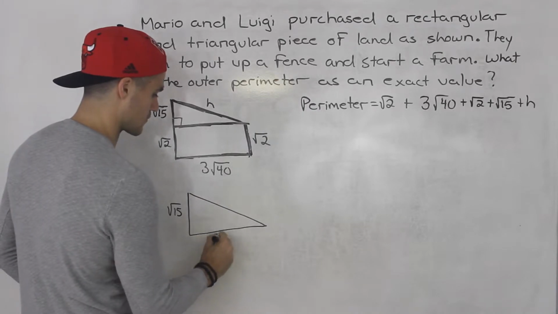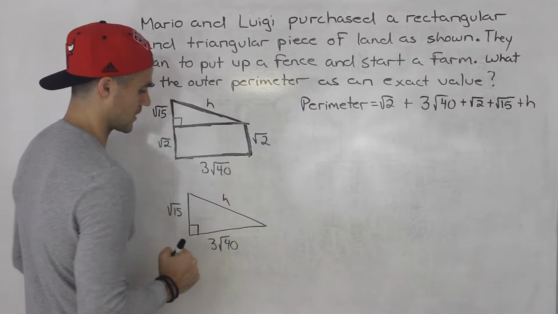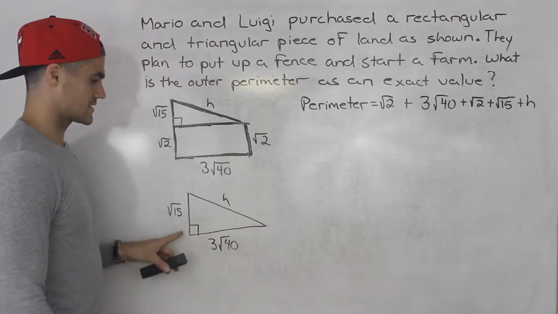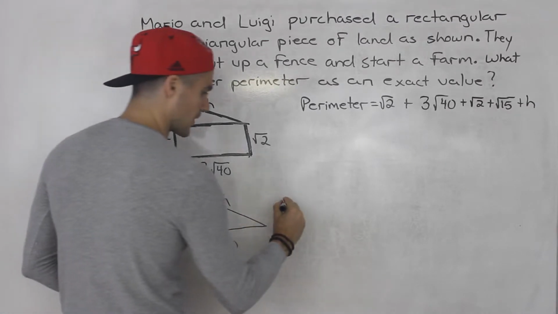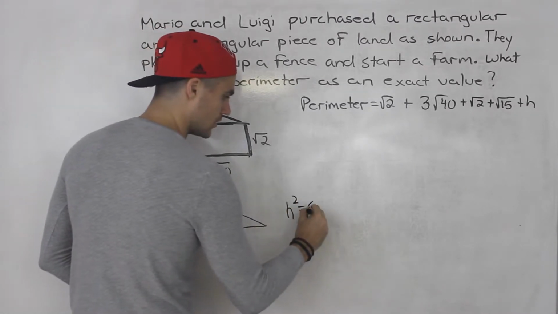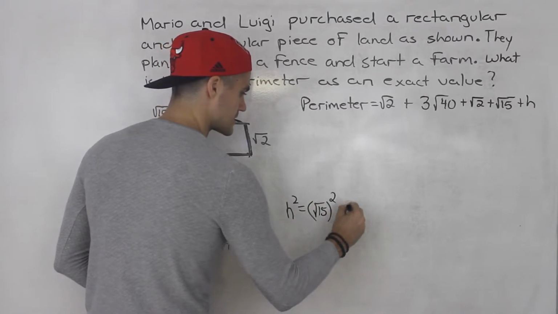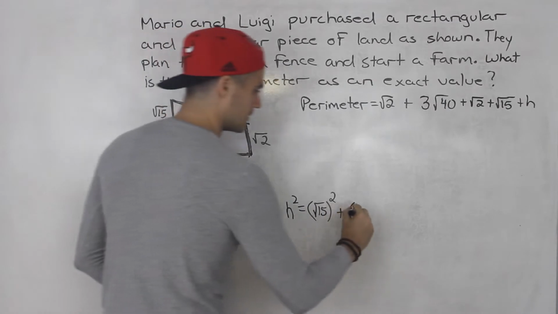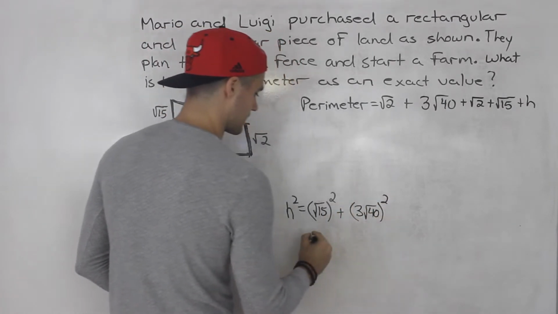Then we have our hypotenuse, and because this is a right angle triangle, the Pythagorean theorem has to hold. So h squared, the hypotenuse squared, has to equal root 15 squared plus 3 root 40 squared.